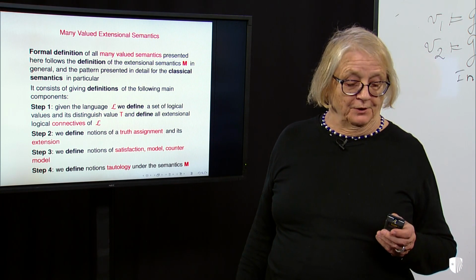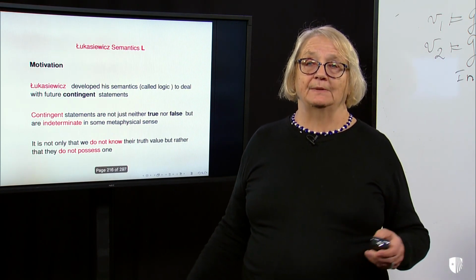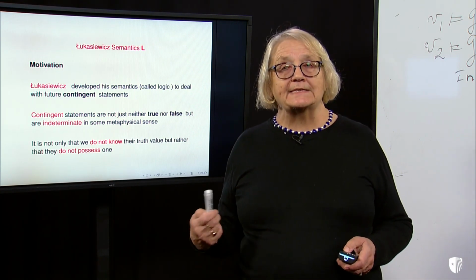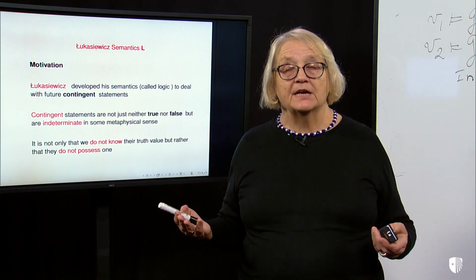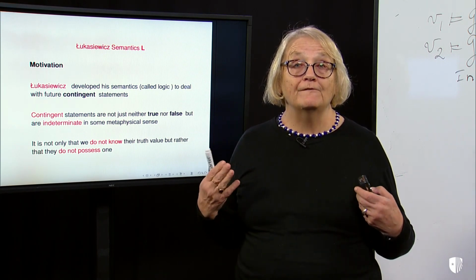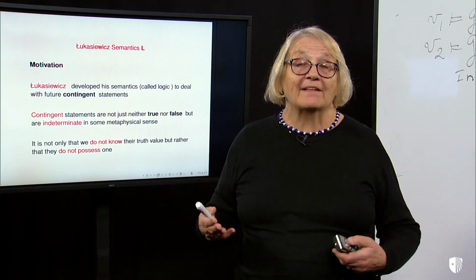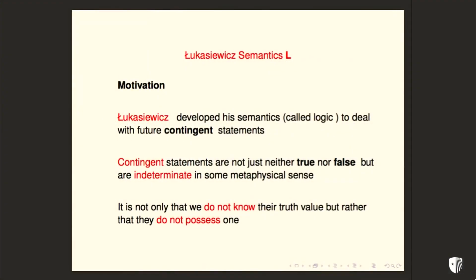I'm not going to repeat how to define semantics. And also, as I said, to define semantics you have to convince people that it makes sense. So Łukasiewicz developed his semantics, or logic, to deal with contingent statements. He said contingent statements are not just neither true nor false, but indeterminate in some metaphysical sense.